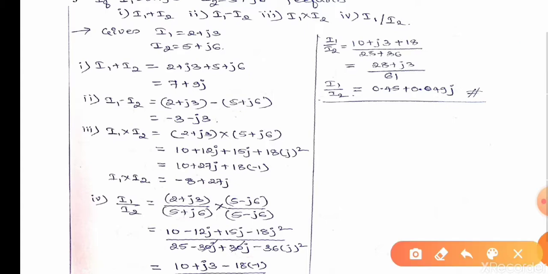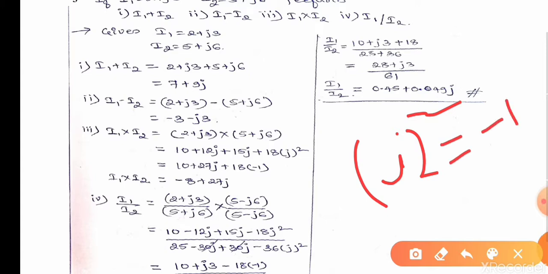Next, 10 plus 12j plus 15j is 27j plus 18. We know the value of j square or i square is equal to minus 1. So 18 into minus 1 is minus 18. So minus 18 plus 10 is minus 8 plus 27j. Therefore I1 into I2 is equal to minus 8 plus 27j.